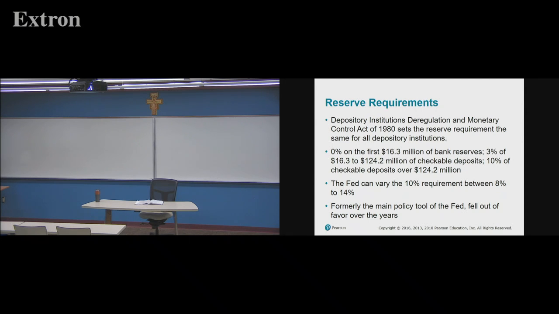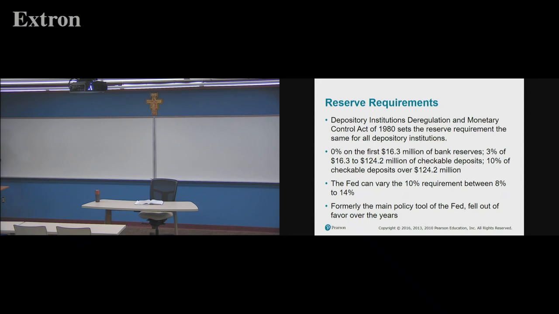So yeah, the Fed can vary the 10% requirement between 8 and 14%. I don't really know why. I don't remember why. I guess just based on what they believe the soundness of the bank is.